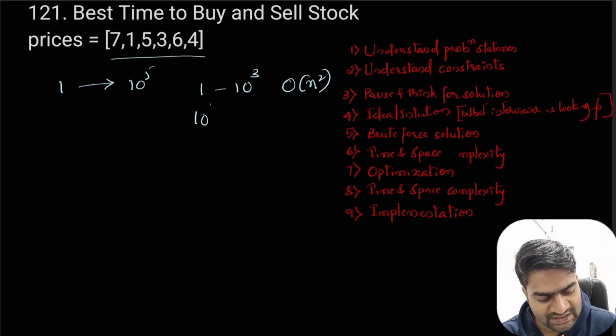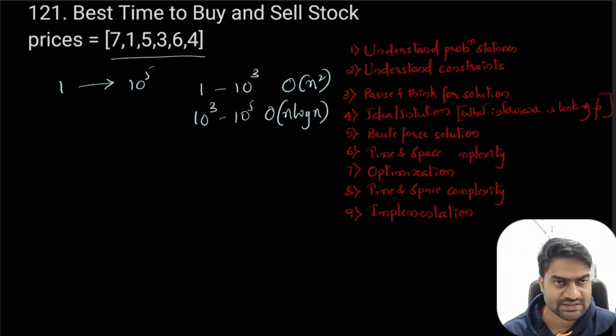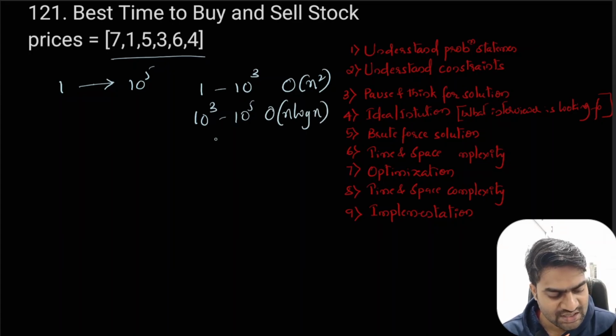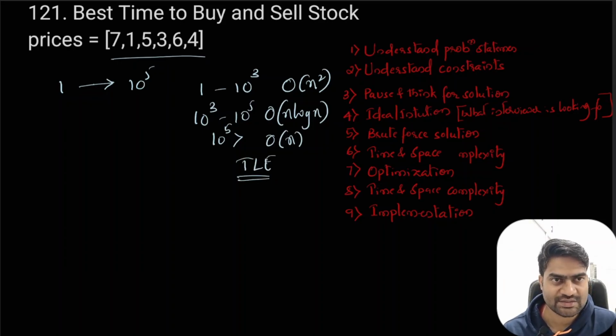If it is between 10 raised to 3 and 10 raised to 5, then if you solve the problem in worst case O(n log n) complexity, it will accept the solution. If it is greater than 10 raised to 5, then you should solve the problem in O(n) time complexity. If that is not the case, it will give us TLE, time limit exceeded. So this is the thumb rule. You can keep this in mind for all the problems which you solve on the basis of arrays.